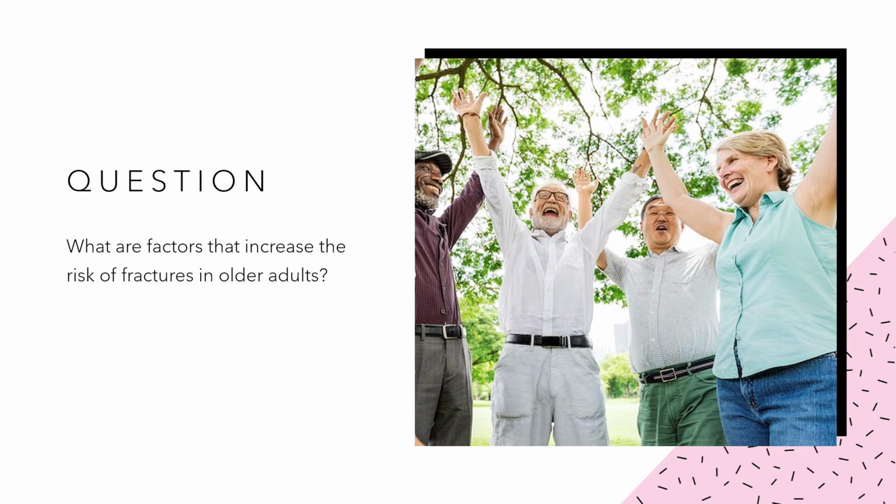Well, it can be altered center of gravity, their inability to correct a postural imbalance, decreased fat and muscle to act as tissue shock absorbers, reduced skeletal strength, gait and balance problems, altered vision and hearing, slow reflexes, medication usage, so medications that could potentially cause dizziness, hypotension, and then home hazards.